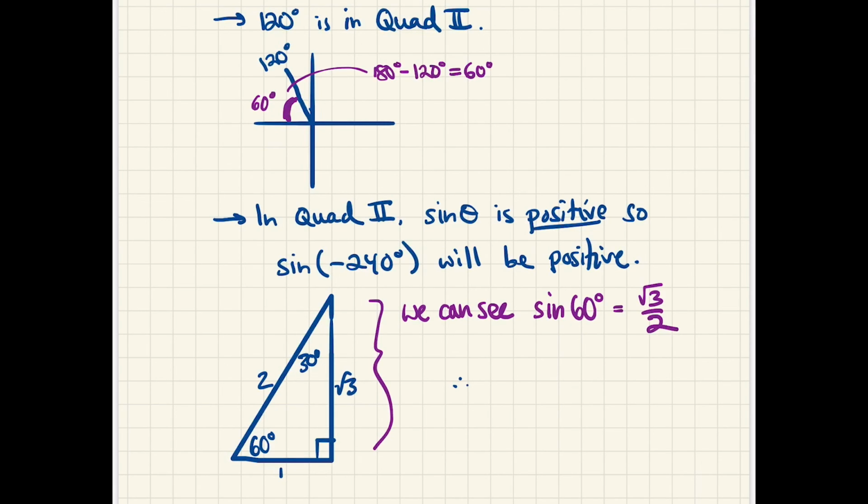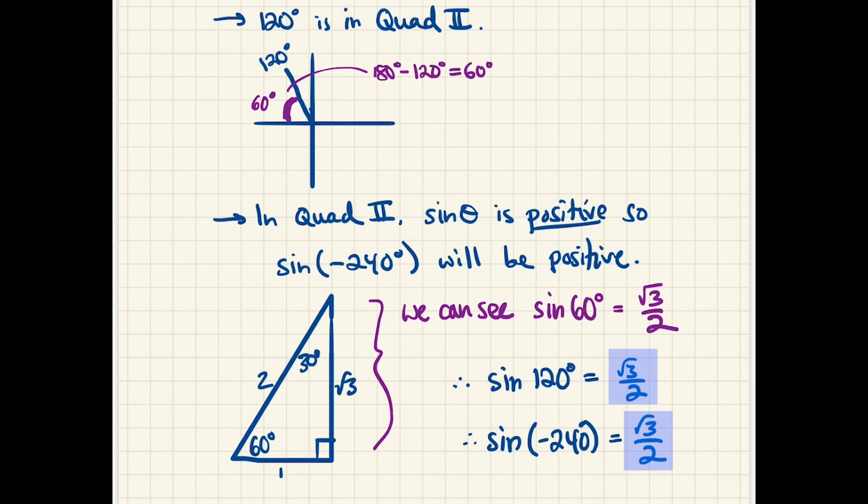And therefore, so is sine of 120. But what we're really after is sine of negative 240, but that's exactly the same as sine of 120, which is root 3 over 2. And these two are positive because these angles are in the second quadrant, and sine is positive in the second quadrant. All students take calculus.